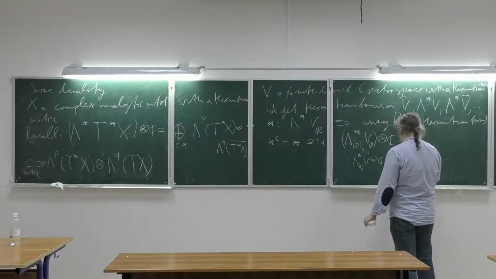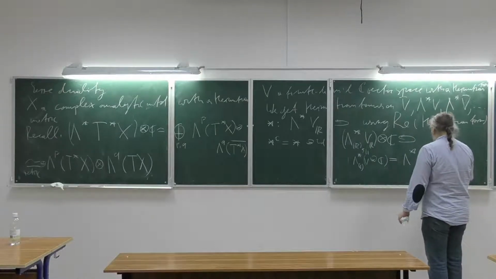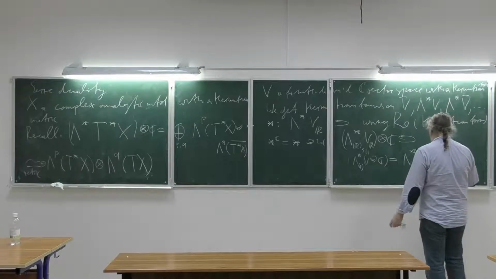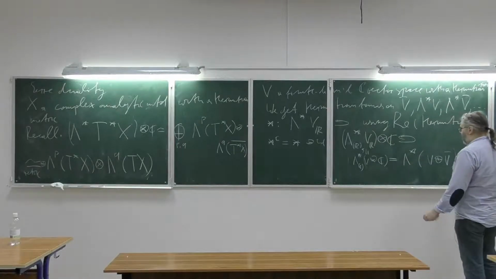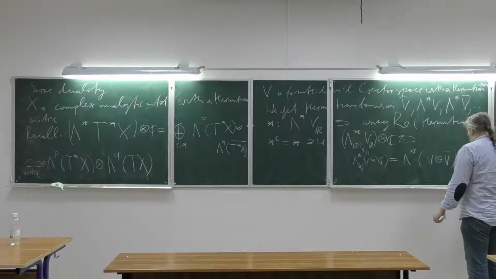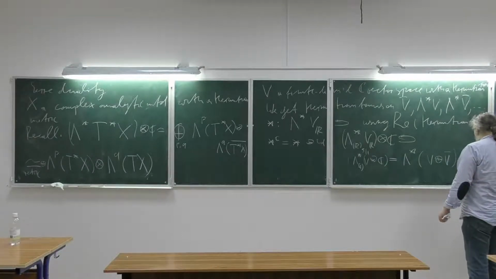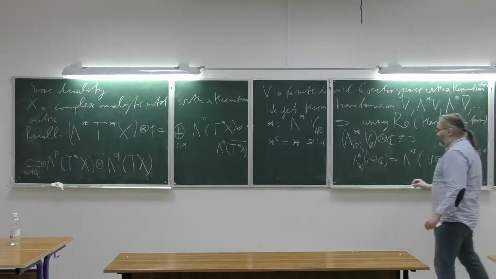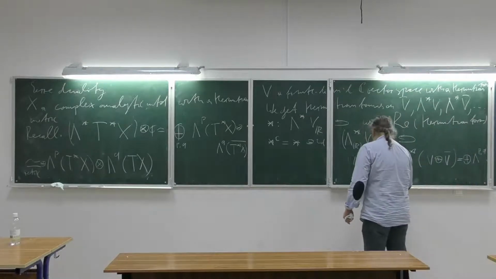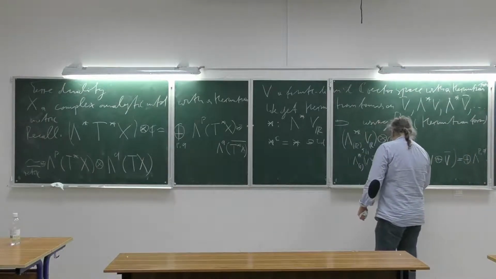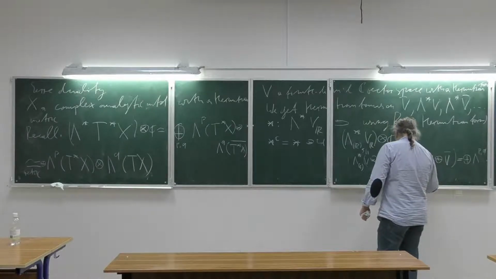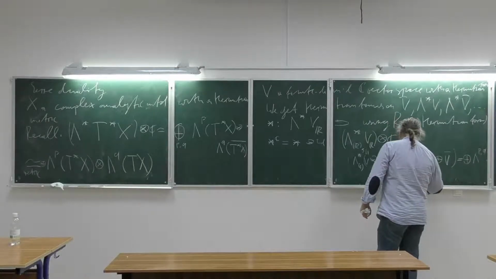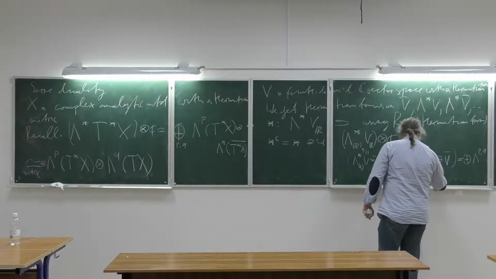I get lambda of V plus V bar. So this is canonical, and then I can write this as the sum of lambda PQs, where lambda PQ is lambda P of V tensor lambda Q of V bar.